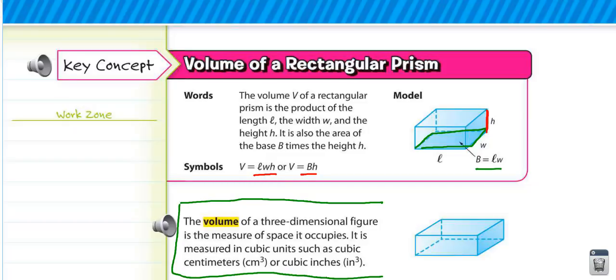So here's a thing to remember. Put this over in your work zone. Area, two-dimensional. Because it's two-dimensional, we only multiply two things together. We only multiply length times width.